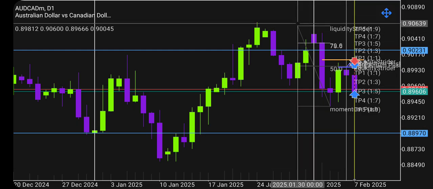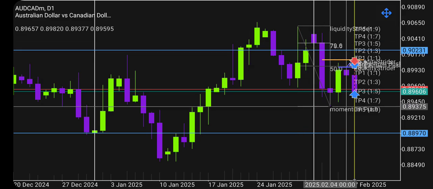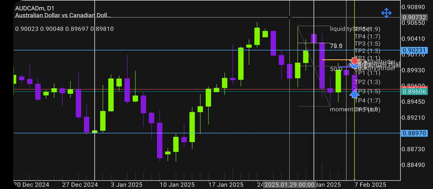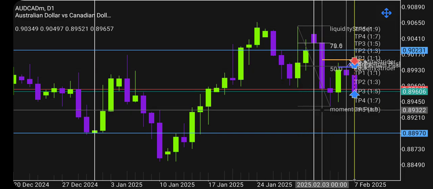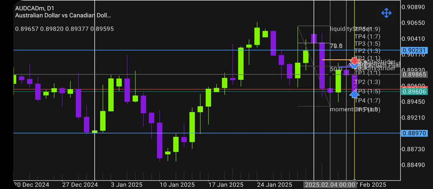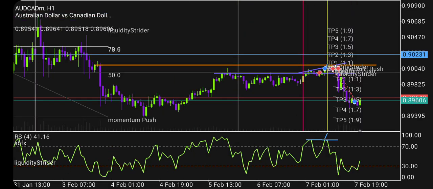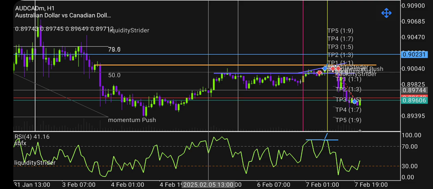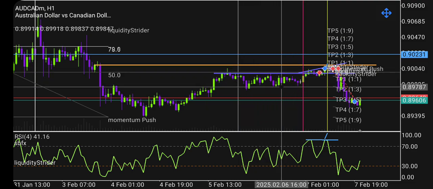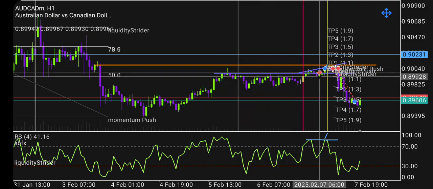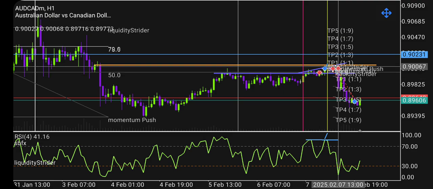The momentum push started last month, January, on the 30th, and ended this month, February, on the 4th. We still had to wait for the 5th on Wednesday to come and respect this candle. We still had to wait because Thursday didn't do anything, it just accumulated. Come Friday, the 7th of February, that's when the market started pushing.